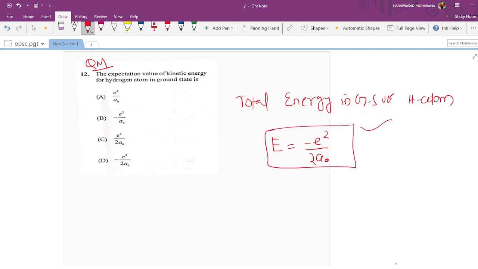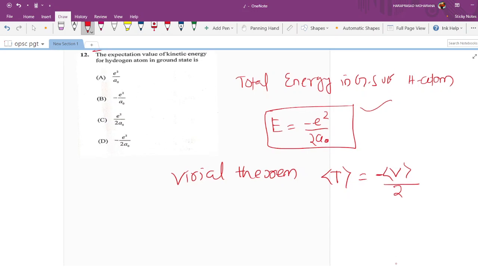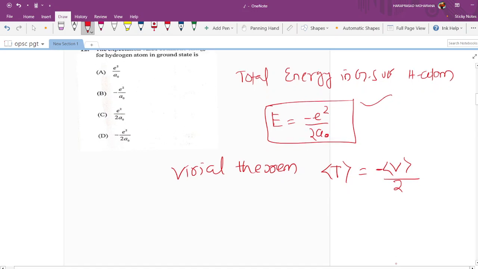From the virial theorem, we all know that the expectation value of kinetic energy is equal to the expectation value of potential energy, with a negative sign, divided by 2. In the hydrogen atom, we generally consider the Coulomb potential.